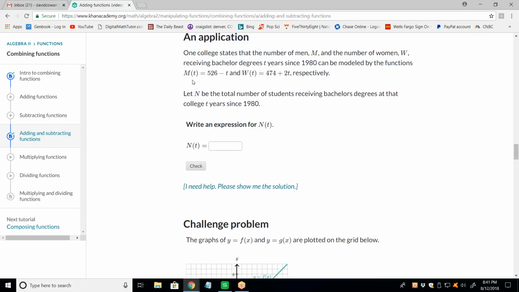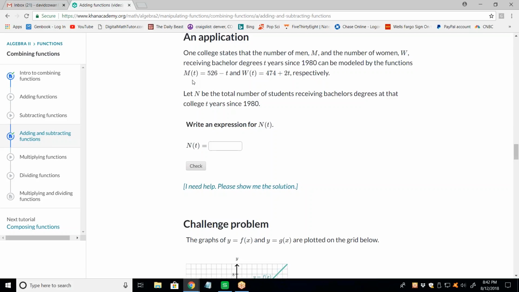That would be 521. And the number of women? That would be 484. Good.